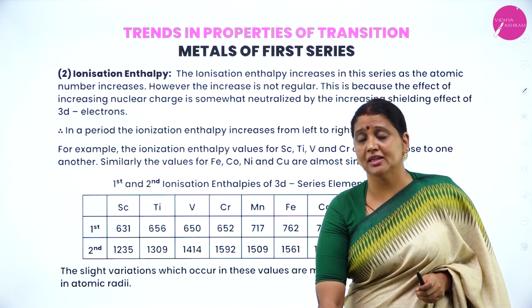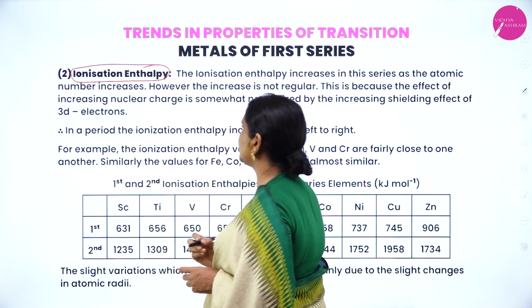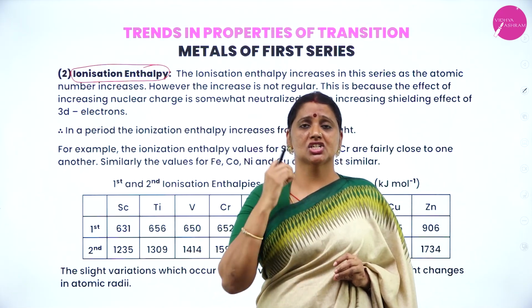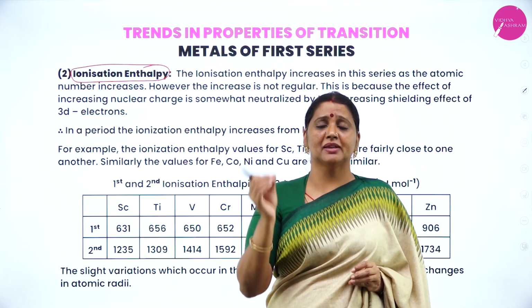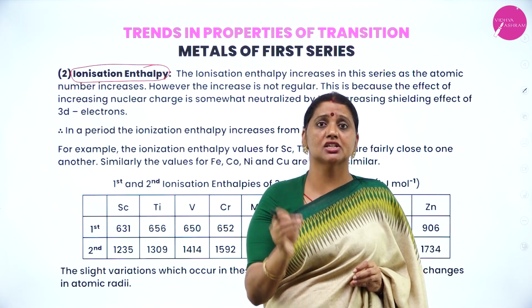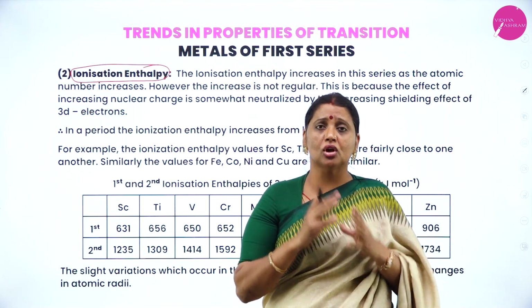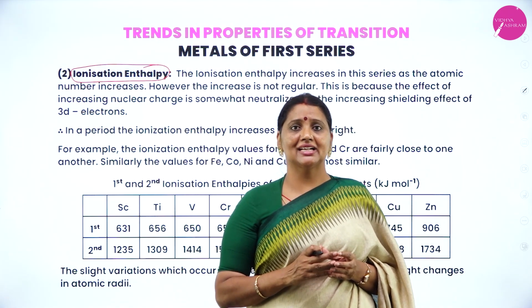Next property is ionization enthalpy. What is ionization enthalpy, or ionization energy, or ionization potential? It is the energy required to remove an electron from the outermost shell of an isolated gaseous atom.